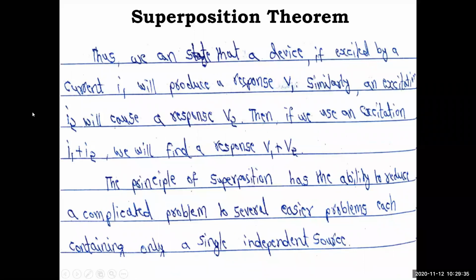Thus we can state that a device, if excited by a current I1, will produce response V1. Similarly, an excitation I2 will cause a response V2. Then if we use an excitation I1 plus I2, we will find a response V1 plus V2. The principle of superposition has the ability to reduce a complicated problem to several easier problems, each containing only a single independent source.